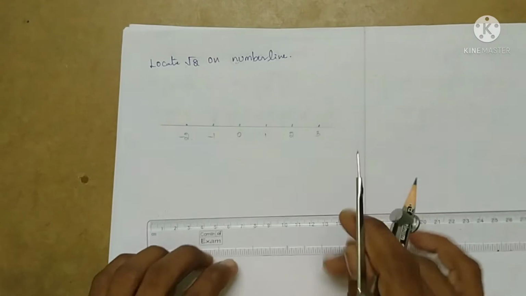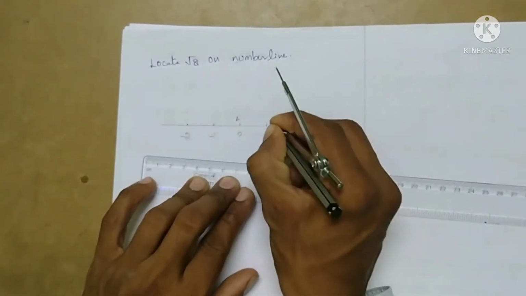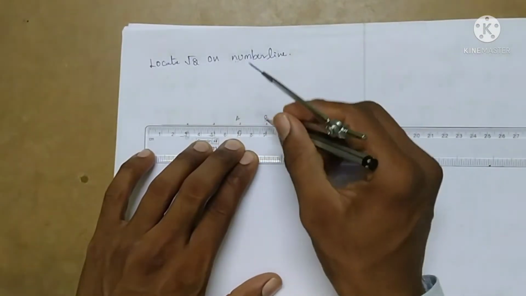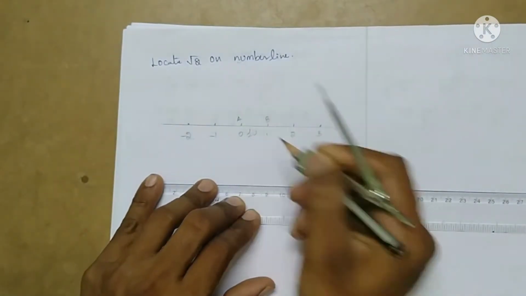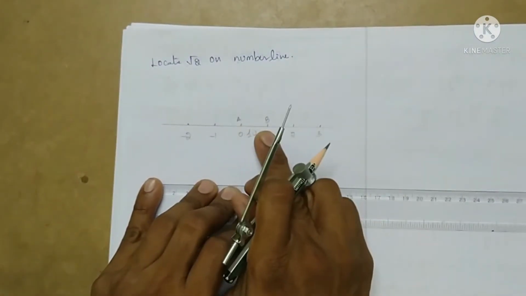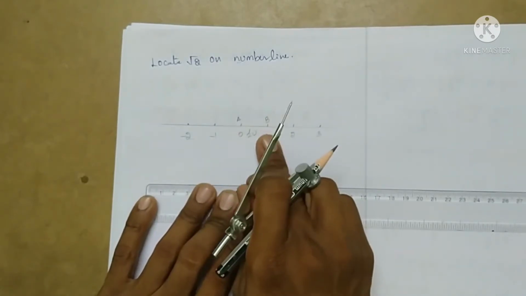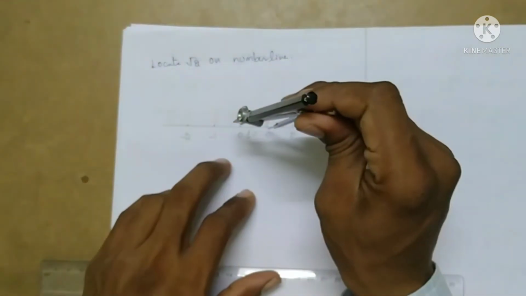So let's take 1 unit of measure. Here A to B. The distance between A and B is 1 unit measure. So draw a perpendicular of AB at B. You can draw a perpendicular by using a protractor also.